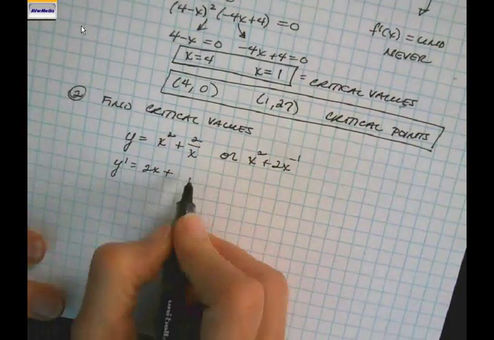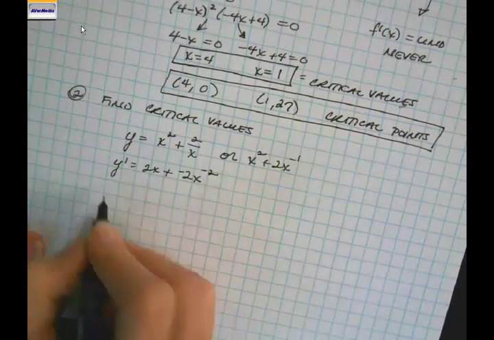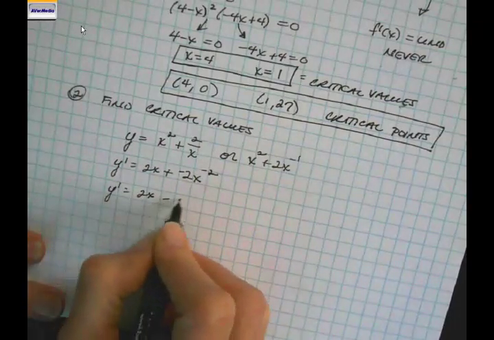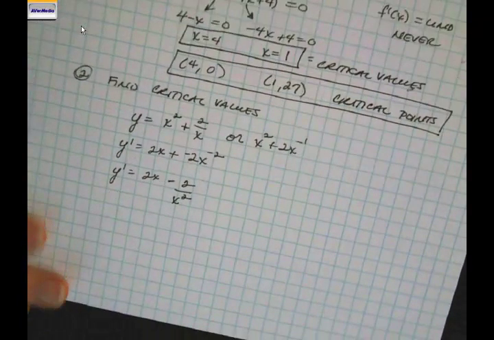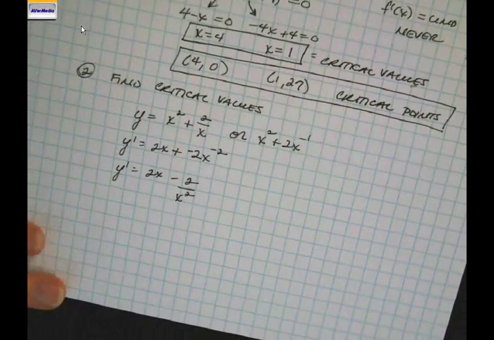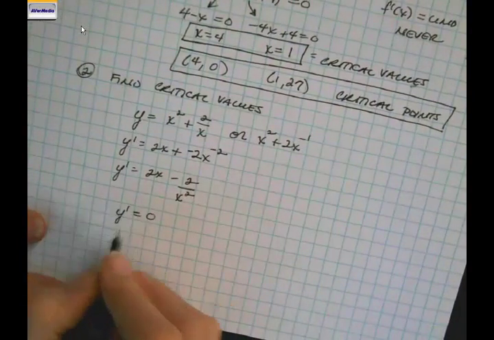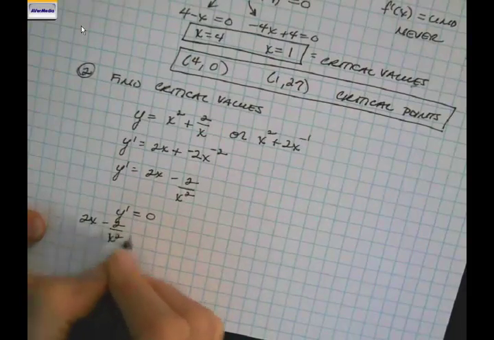So the derivative is 2x plus a negative 2x to the negative 2, which will be rewritten as 2x minus 2 over x squared. Now, to get the critical values, I'm going to set this y prime equal to 0, which means I'm setting 2x minus 2 over x squared equal to 0.